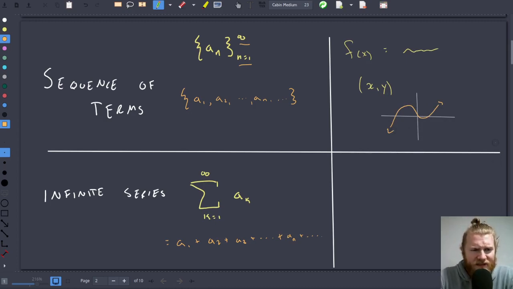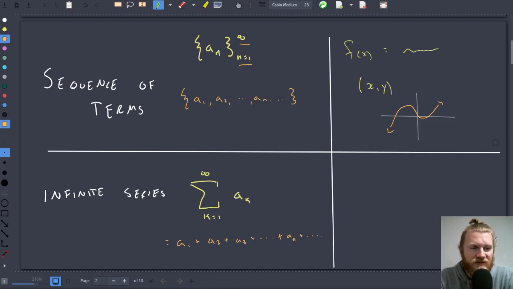What we'll notice then is that these are kind of like a sequence in that there are inputs and outputs, but it's a little bit different. With a sequence, we're limited to only taking in positive integer inputs: 1, 2, 3, 4, up to whatever, n, and so on and so forth.